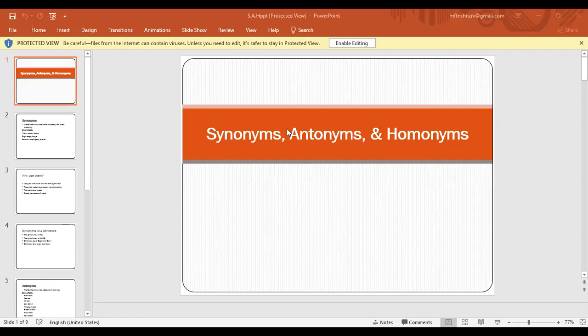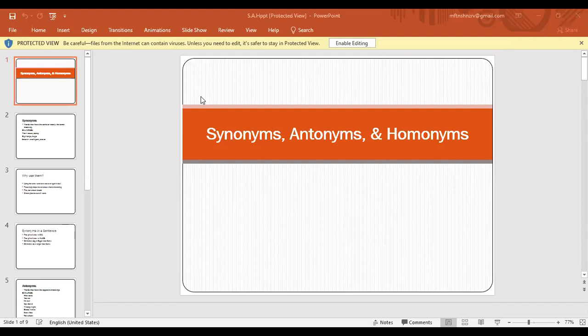They are very easy. They are similar to the Uzbek language. Synonyms are words whose meanings are close to each other. Nearly the same meaning they have. Okay.